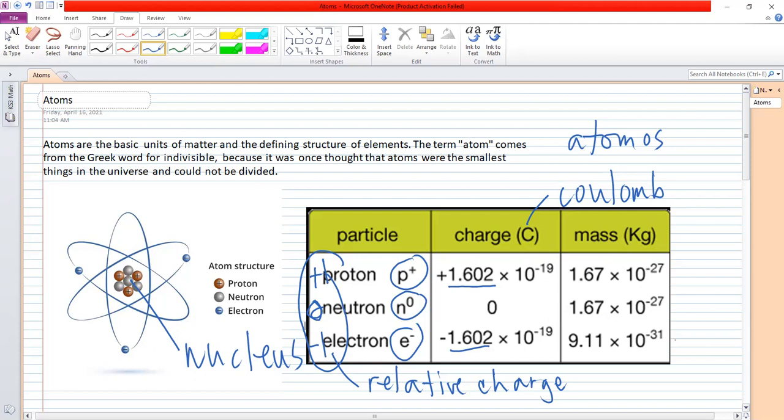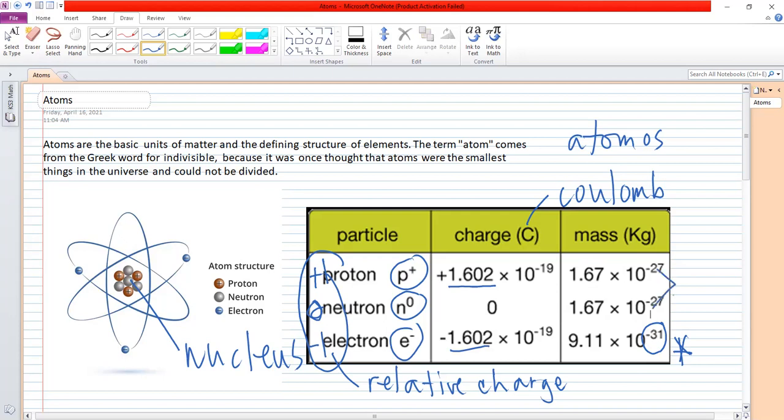Okay. Now, as you can see here, take note of this one. Electron, it is times 10 to the negative 31. So we can say that this one is very small compared to proton and neutron. Okay.